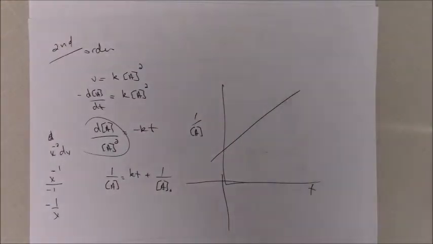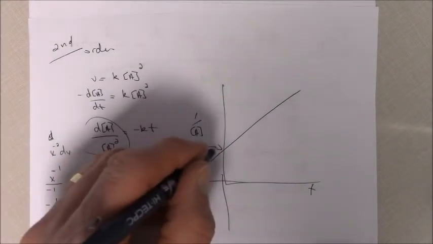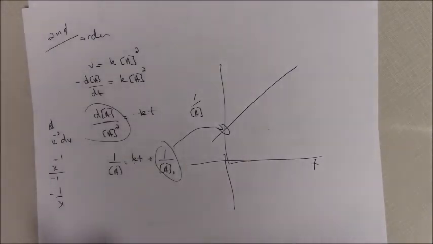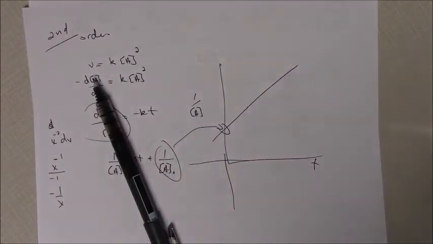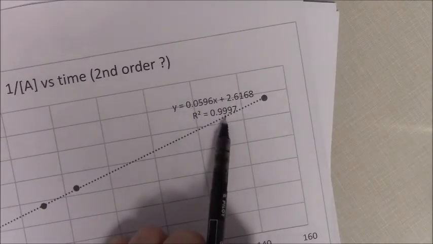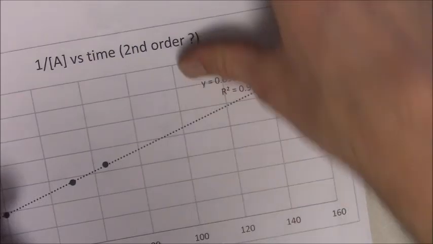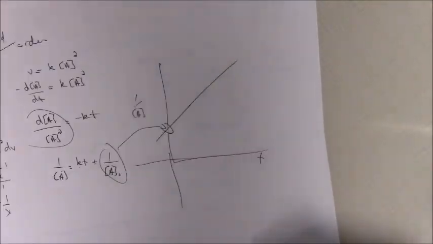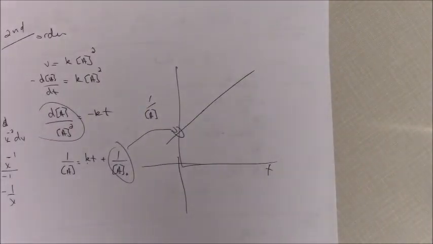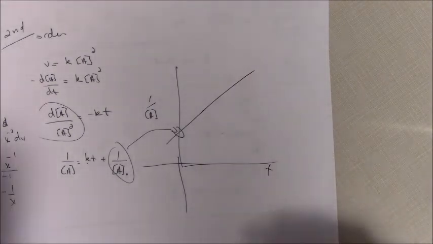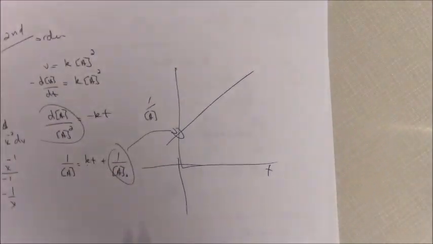This would be your intercept, and k will be the slope of that line. So if you plot 1 over A versus t, do you get a straight line? Survey says, yeah, it works well. You get three nines. So 1 over A versus time gives a straight line, which proves that this has to be second order in A for this question.